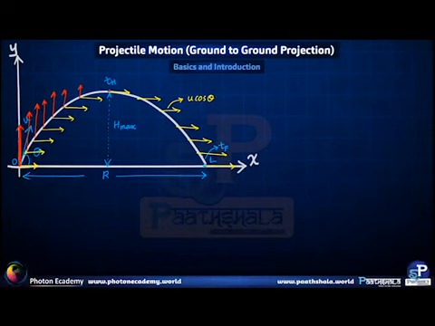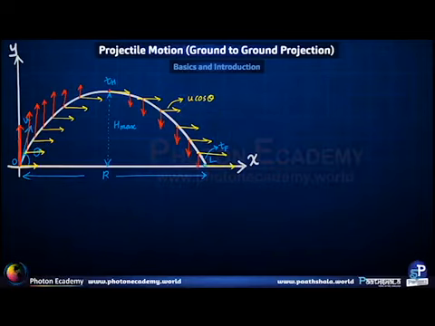After the highest point, the velocity starts increasing in magnitude in the downward direction, and by the time it reaches its range, the velocity has again become equal to the original u sin theta with which it was projected.